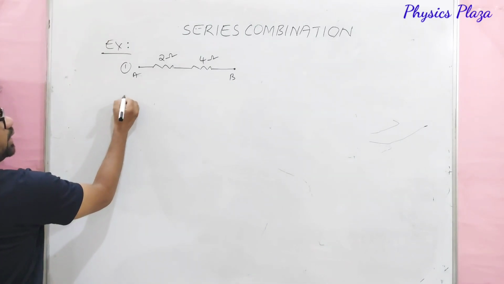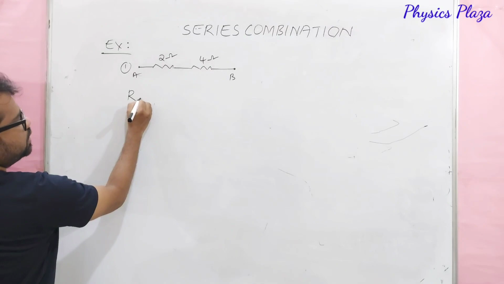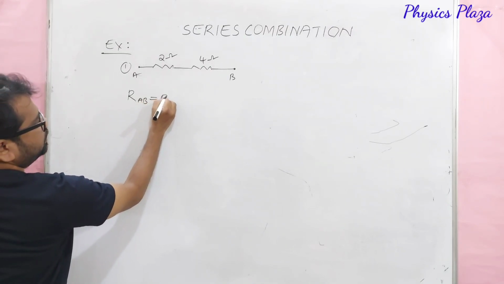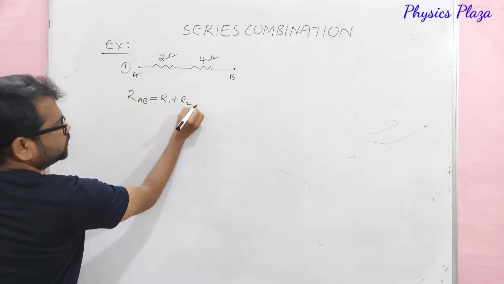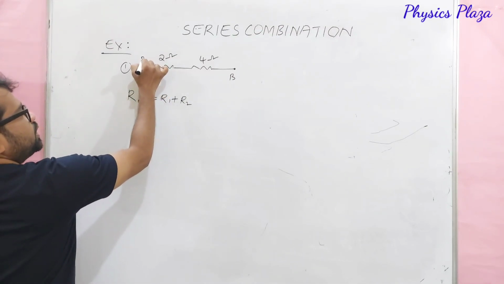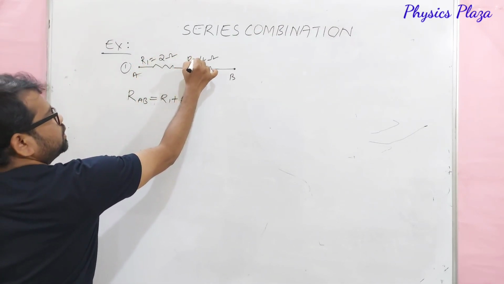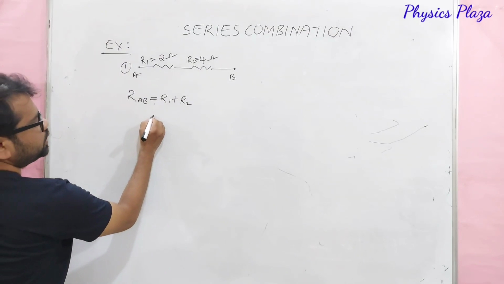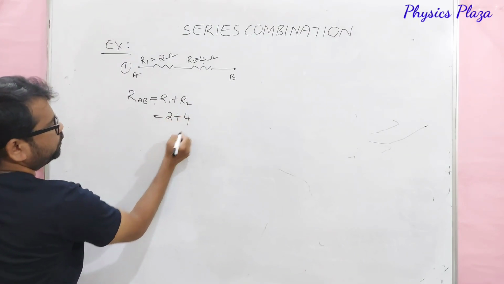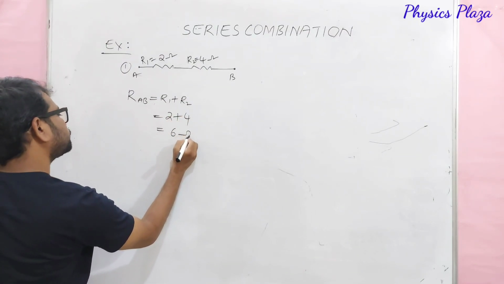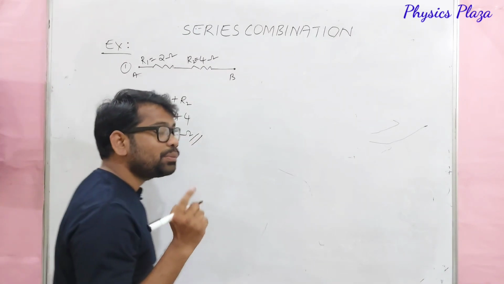So the formula for a series combination, dear children, is RAB is equal to R1 plus R2. Here this is going to be R1 and this is going to be R2. So then it will be 2 plus 4 is equal to 6 ohm. Children, here we can make one conclusion.